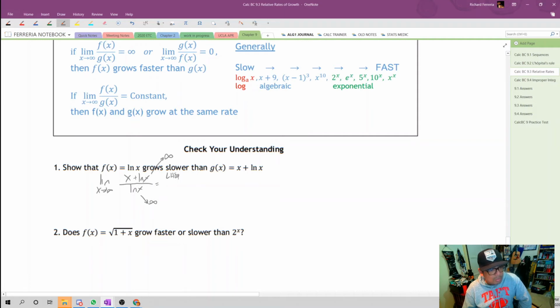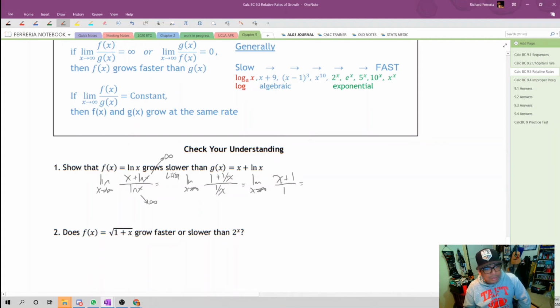L'Hopital's rule says we have the limit as x approaches infinity of the derivatives. Derivative of x is 1. Derivative of natural log of x is 1 over x. Simplify this, and you get x plus 1 over 1.